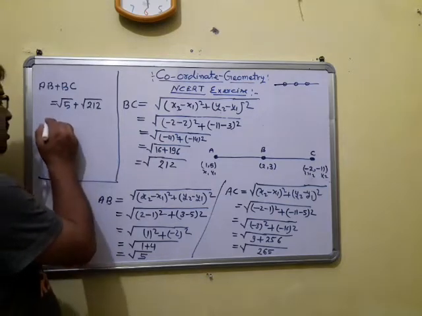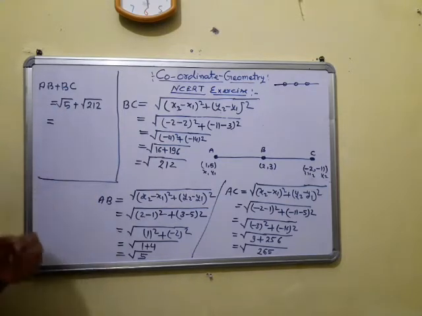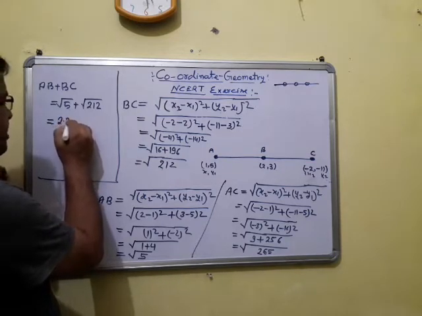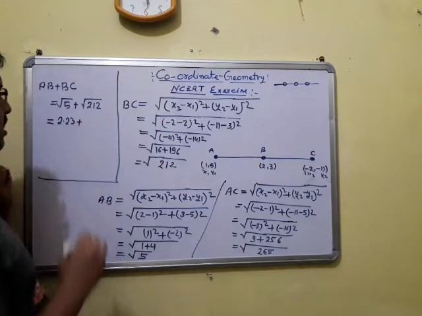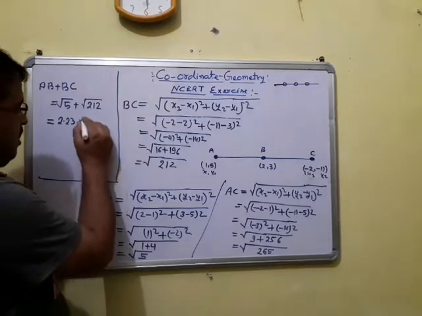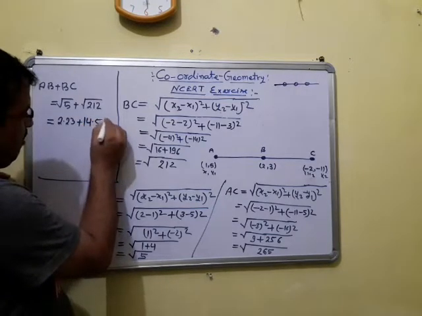Now what is the value of root 5? I think the value is 2.23. We find the square root of 212 using the division method, and we find 14.56.